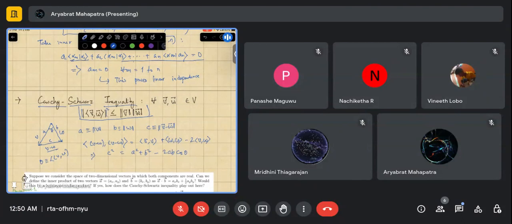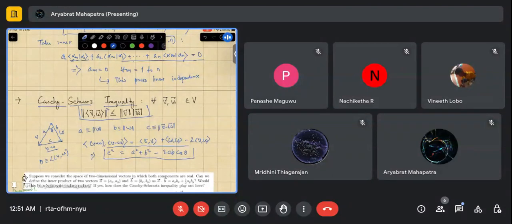So I guess you are aware of this identity. People sometimes recognize it as the law of cosines. This triangle law is also one of the geometric interpretations people give in relation to the Cauchy-Schwarz inequality.